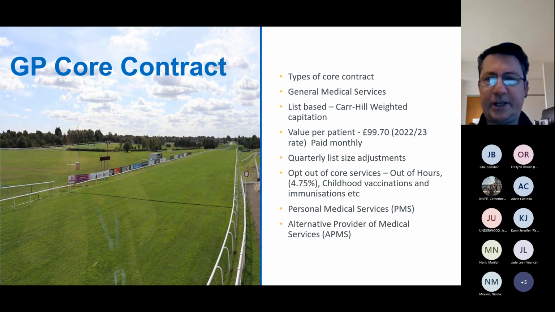If you have new estates or a new practice that starts, then there are changes that happen on a quarterly basis. And you can opt out of core services as well, in terms of some things like out of hours, childhood vaccinations and immunisations, etc. So that's your main GP core contract, really.